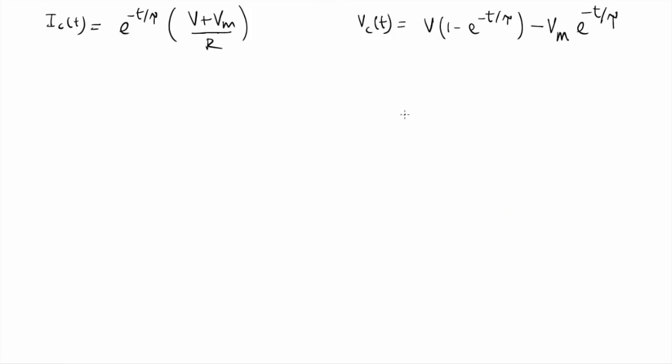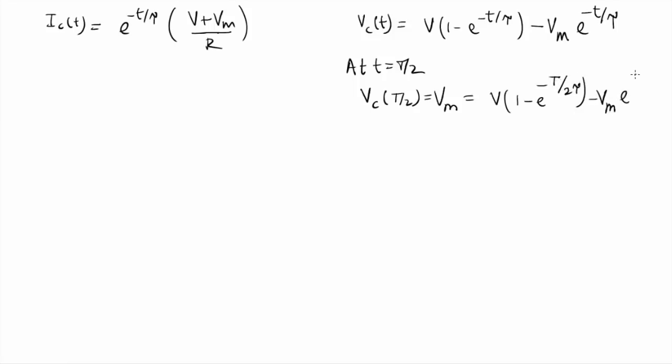So I can write like this: at t is equal to T by 2, voltage across capacitor will be equal to Vm, and this is equal to V into 1 minus e to the power minus T by 2 tau minus Vm e to the power minus T by 2 tau.